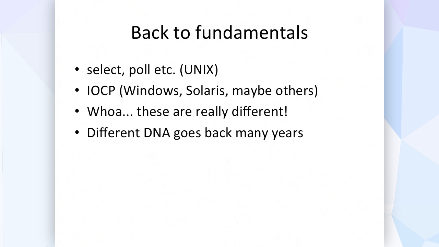So look at what asynchronous I/O is in Unix. What's the best way of doing it? You use select or any number of APIs that have grown to replace select and to be better in some way. On the other hand, on Windows, select exists, but it's pretty much a toy.